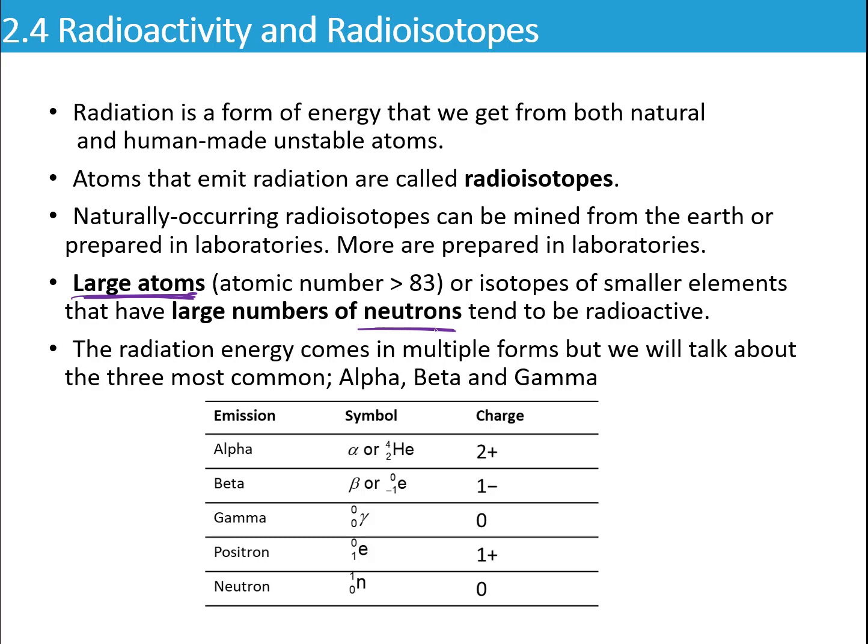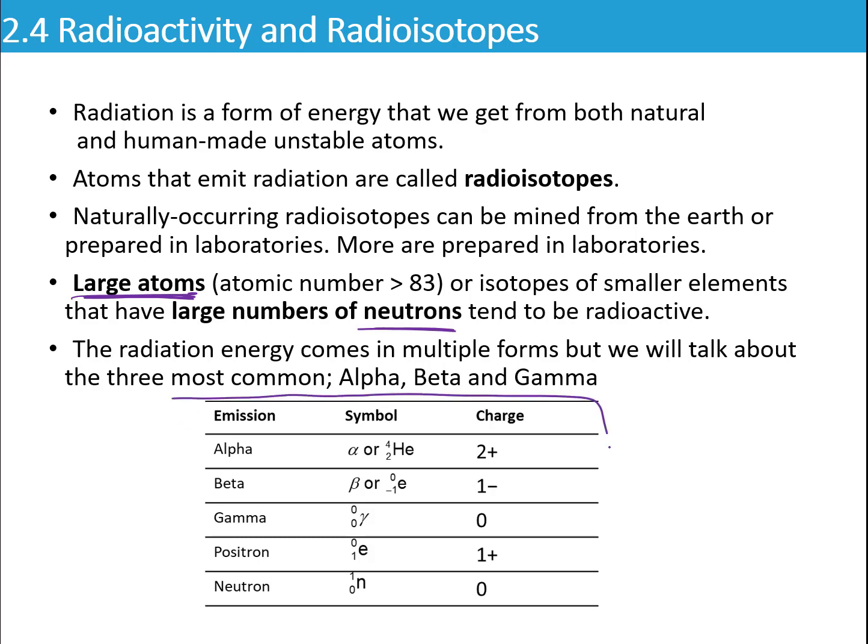If you have more than twice the number of neutrons compared to protons, then it's unstable. Not all elements are radioactive, not all isotopes are radioactive, but ones that are really big and ones that have a lot of neutrons are the more common ones.